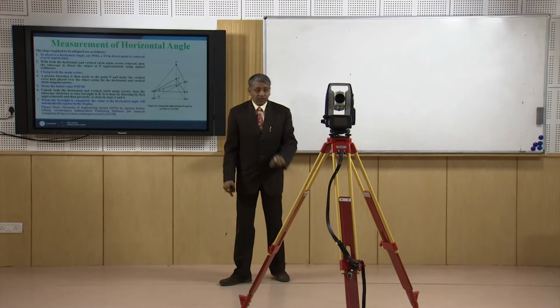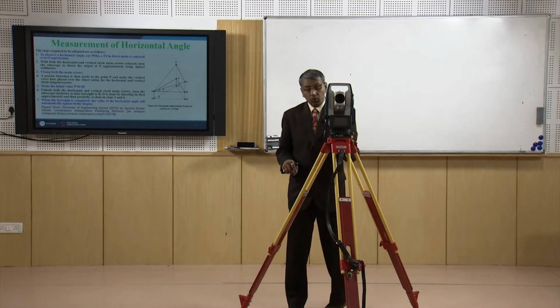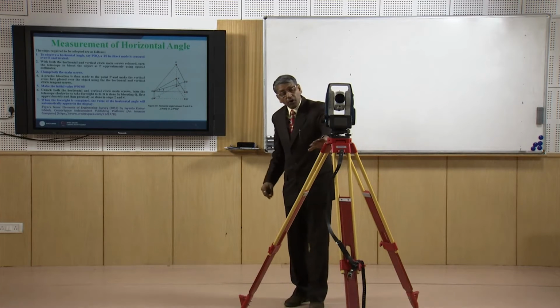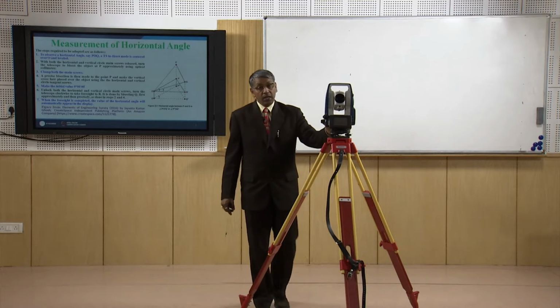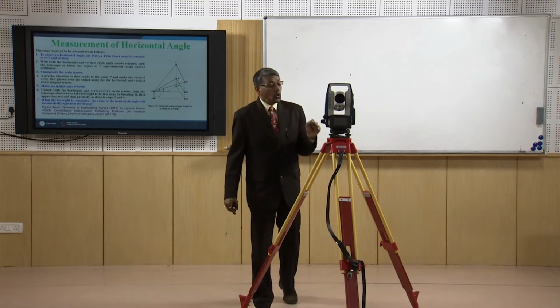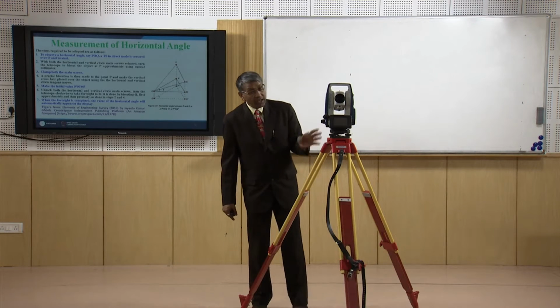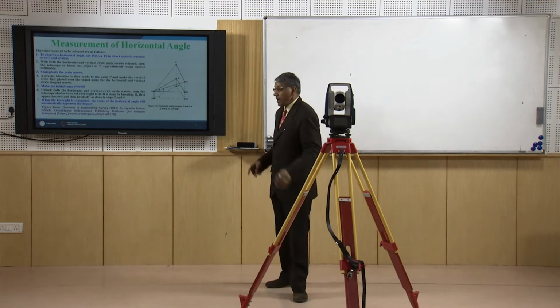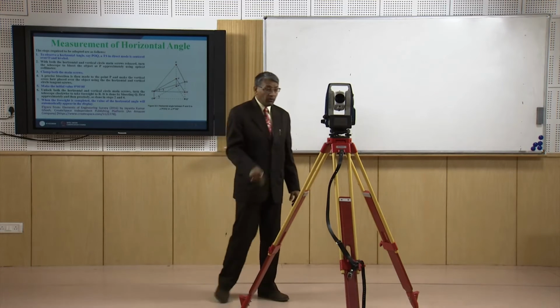Now to measure the horizontal angle, as I have already told, the work before any measurement using this instrument should be done properly. That means we should do the centering and leveling as well as bisecting the object very accurately before the measurement of horizontal angle.